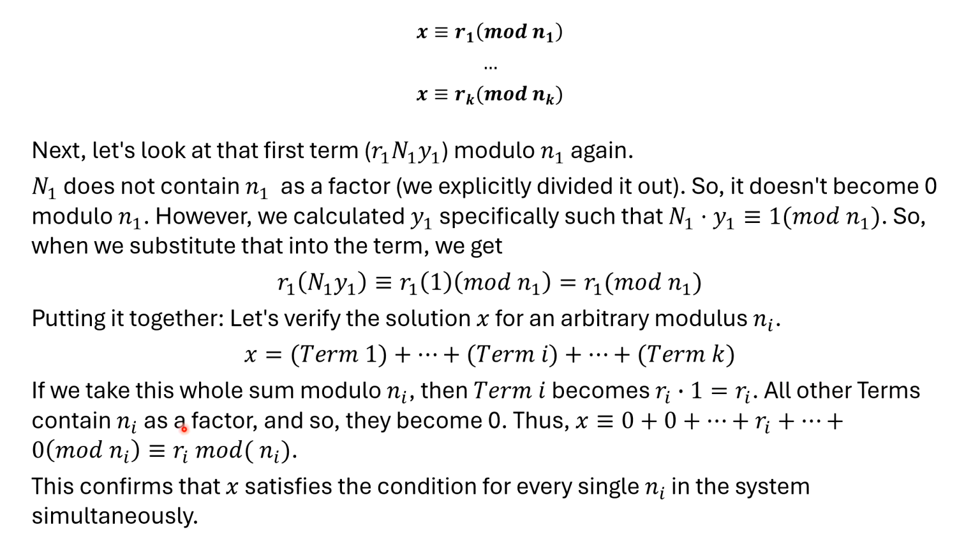All other terms contain n sub i as a factor, and so they all become 0, and thus x is congruent to 0 plus 0 plus 0 up to r sub i for the ith term, then again plus 0, 0, 0, and so on, which equals r sub i mod n sub i. So I'm just doing the same argument in general that I did for the first equation here. This confirms that x satisfies the condition for every single equation in the system of equations.